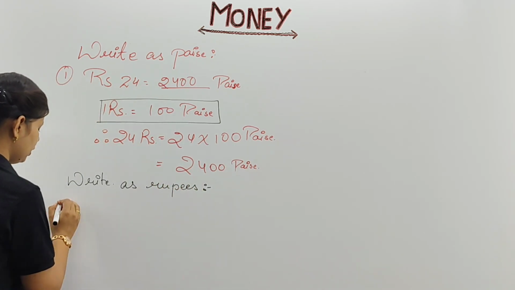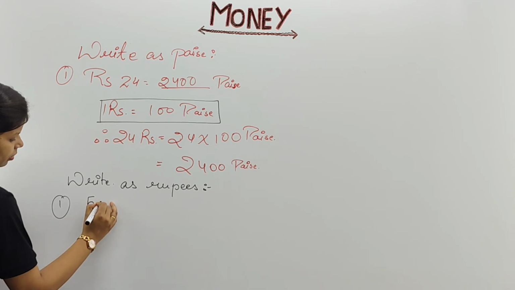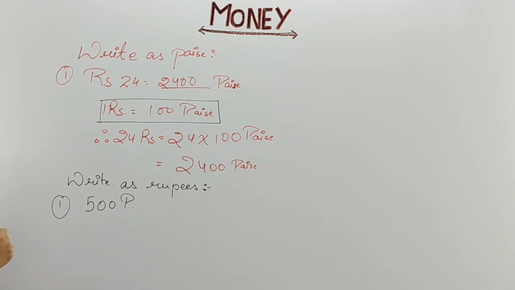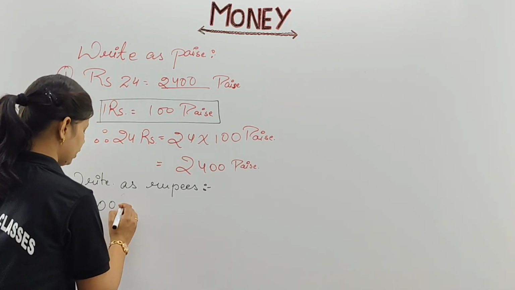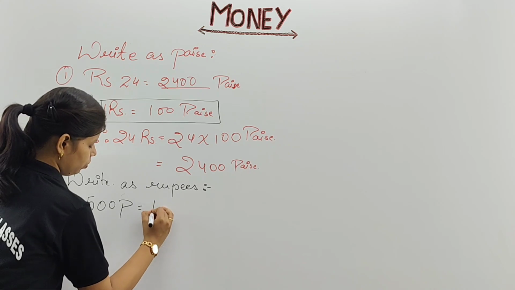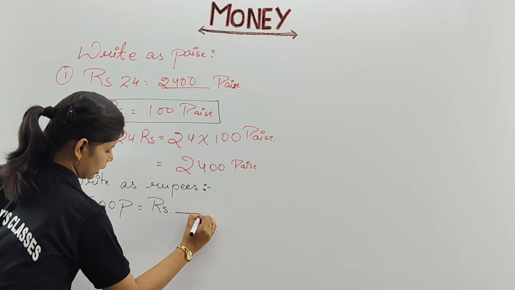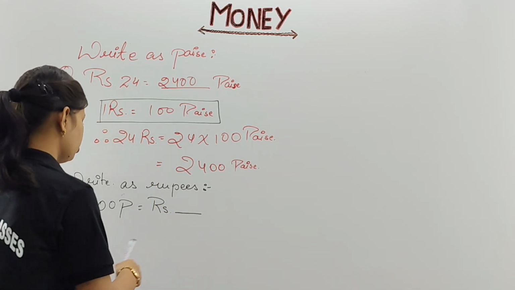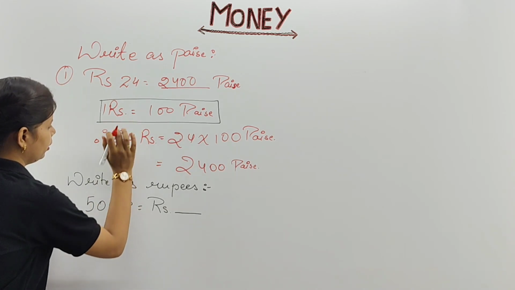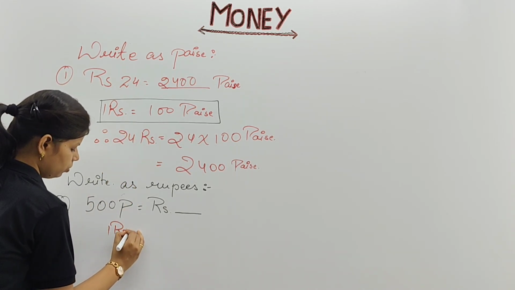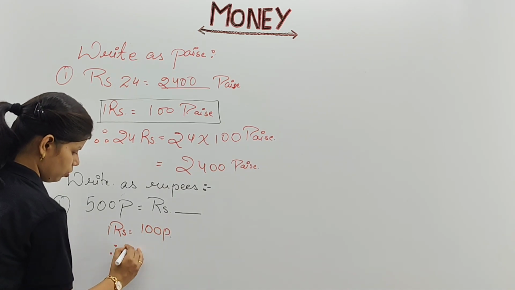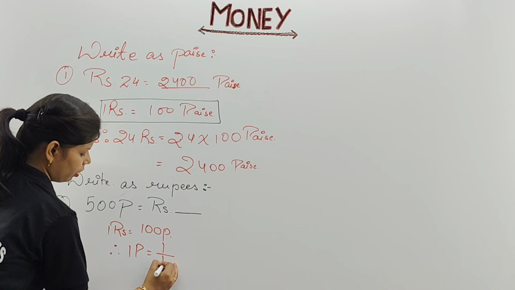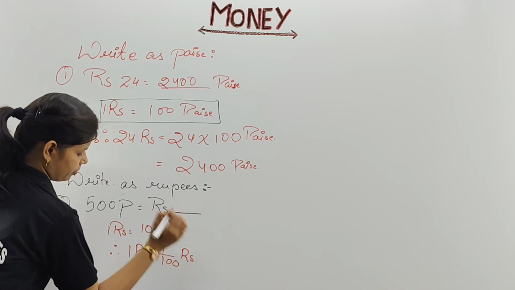Please try to understand. If your question is given 500 paise, or instead of the capital letter you can go with the small as well, 500 paise equal to rupees dash. Clear, no? You know already? Okay. 1 rupee is equal to 100 paise. Therefore, 1 paise equal to 1 upon 100 rupees.